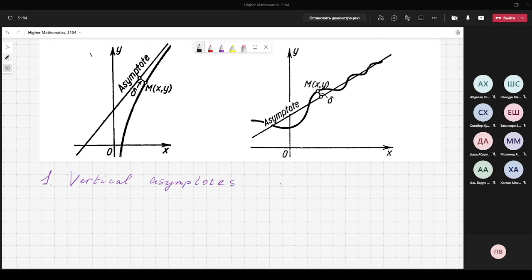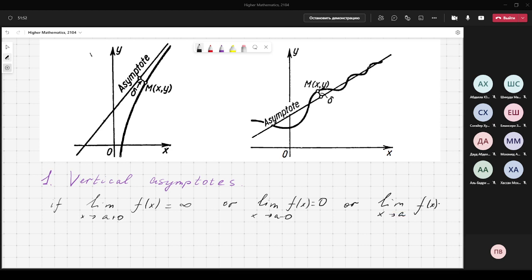From the definition of asymptote, it follows that if the limit as x approaches a plus 0 of f of x equals infinity, or the limit as x approaches a minus 0 of f of x is infinity, or the limit as x approaches a of f of x is infinity, then the straight line x equals a is an asymptote to the curve y equals f of x.